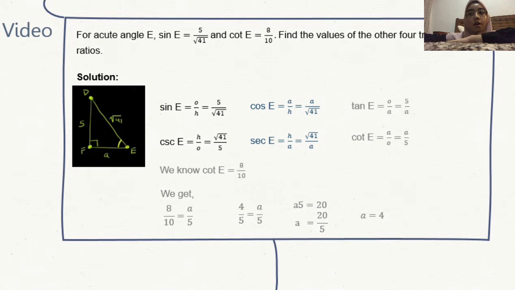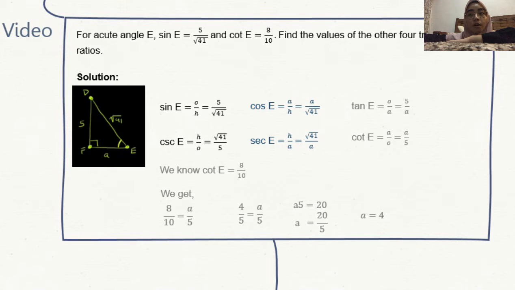We know cot A equals 8 per 10, so A per O equals 8 per 10 or 4 per 5. So 8 per 10 equals A per 5, and next 4 per 5 equals A per 5.